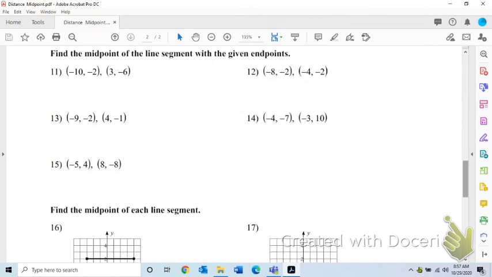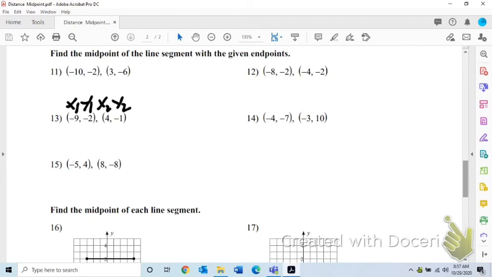When we look at distance, so let's look at, I don't remember whether I did 12 or not. I did do 12. So let's look at 13. I'm going to go x1, y1, x2, y2.